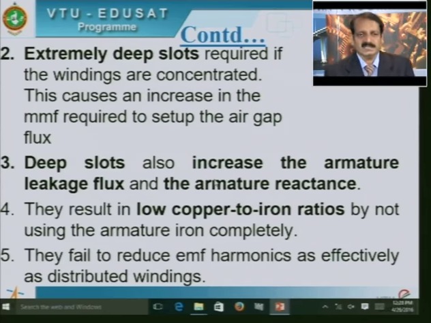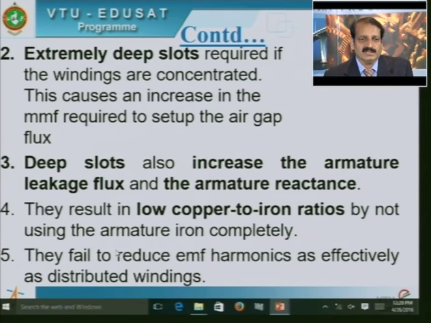Voltage regulation increasing means whenever you load the alternator, the voltage drop for a particular load current is increased. They also result in low copper to iron ratios by not using the armature iron completely. And the last one, they fail to reduce EMF harmonics as effectively as distributed windings.